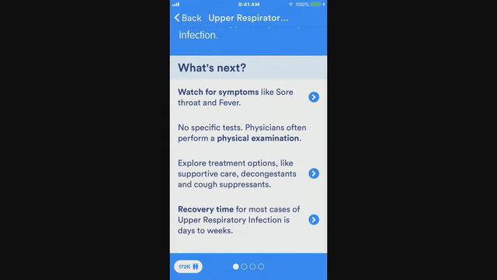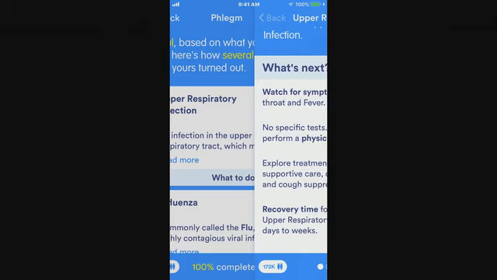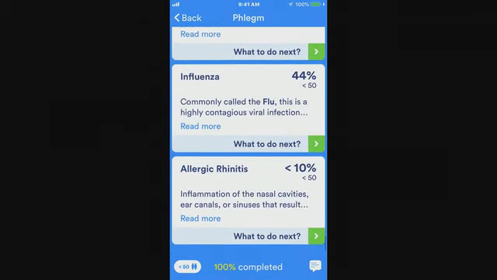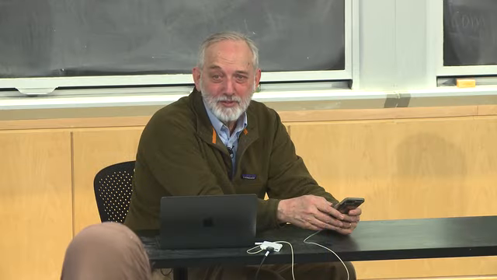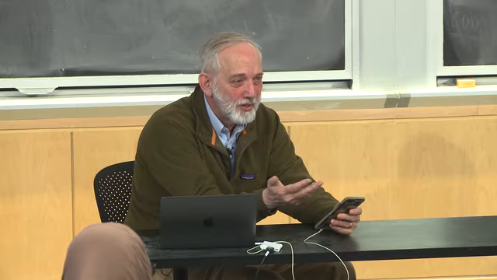Physicians often perform a physical exam, explore other treatment options, and recovery for most cases like this is a matter of days to weeks. Okay, and I can go back and say, all right, I might have the flu or I might have allergic rhinitis. So that's actually reasonable.